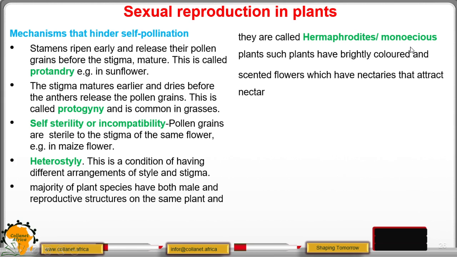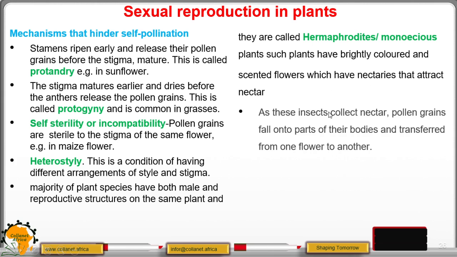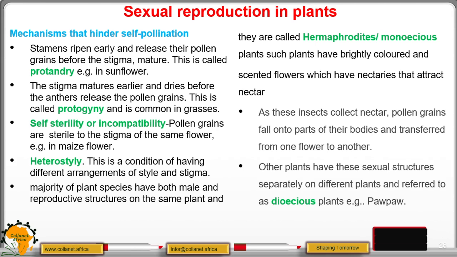Mono means one plant having those structures. As insects collect nectar and pollen grains from these plants, pollen grains fall onto parts of their bodies and are transferred from one flower to another. And in that case, self-pollination has been prevented, but at the same time, cross-pollination has been enhanced or promoted.